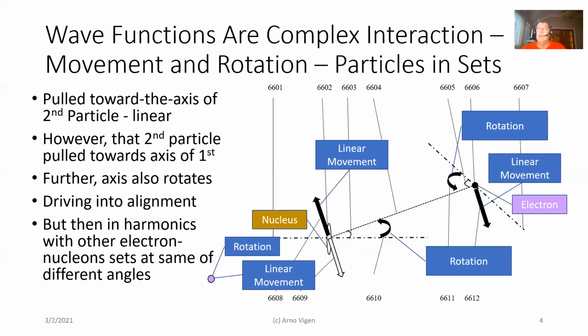So in real life, what happens is this electron wants to move onto that axis as linear movement. But that electron also wants to rotate its axis so it's pointing towards the big one here in the nucleus. So you're getting linear movement and rotational movement. Similarly, back here at the nucleus, it wants to move all the way up to that axis of the electron.